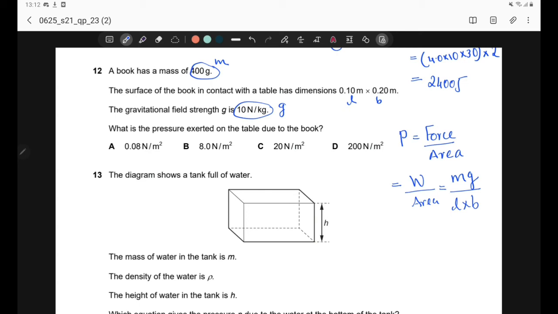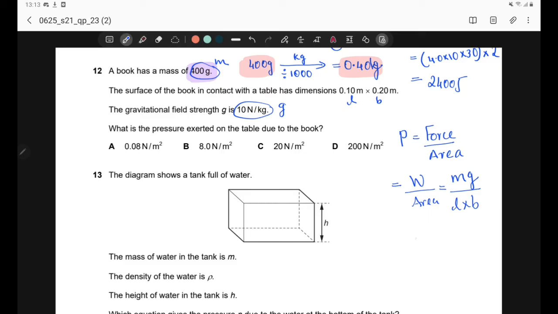Now we can substitute the values, but we should check the unit of mass is in kilogram, but here it is given in gram. So 400 gram you should convert into kilogram. In order to convert from gram to kilogram, you should divide the value by 1000. So we will get 0.40 kilogram.